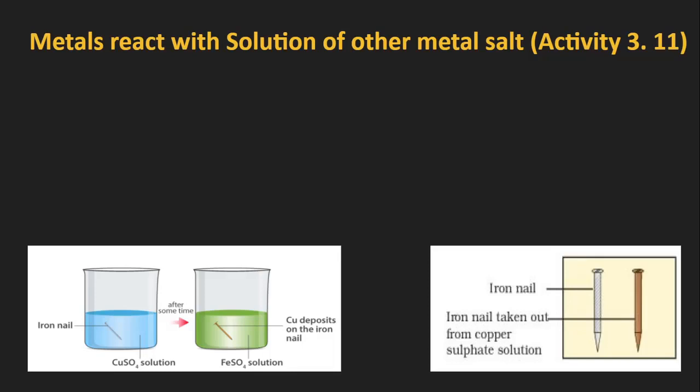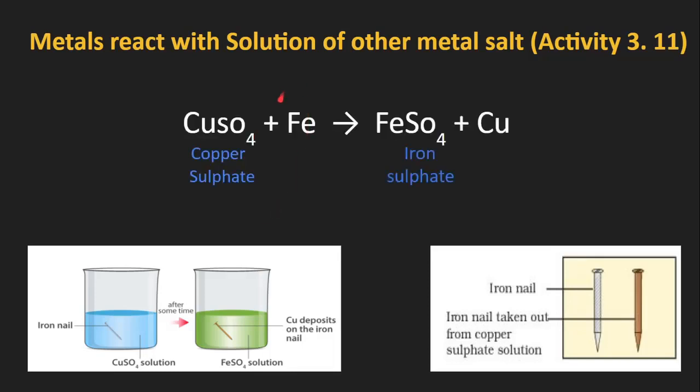It is not rust, it is copper. It happens because iron displaces copper from the copper sulfate solution. So the chemical reaction that takes place is CuSO4 plus Fe gives FeSO4 plus Cu.